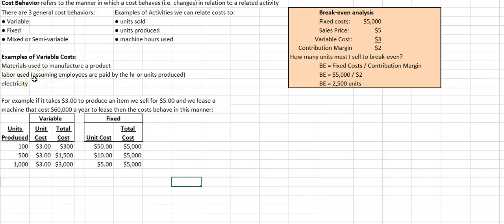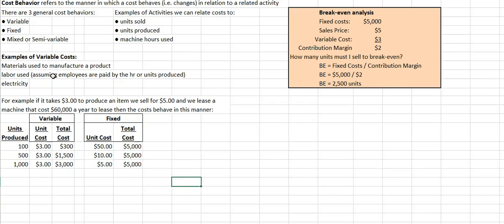variable, and both of these are part of inventory if you are a manufacturing company, right? If you manufacture the product. And when I talk about labor used, I'm talking about direct labor. So if it's the employee that puts together the product, let's say for example you're assembling a guitar and there's an employee that cuts the wood and there's an employee that glues it together and puts it together.